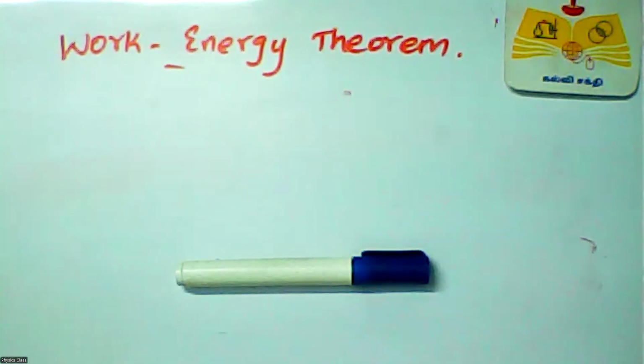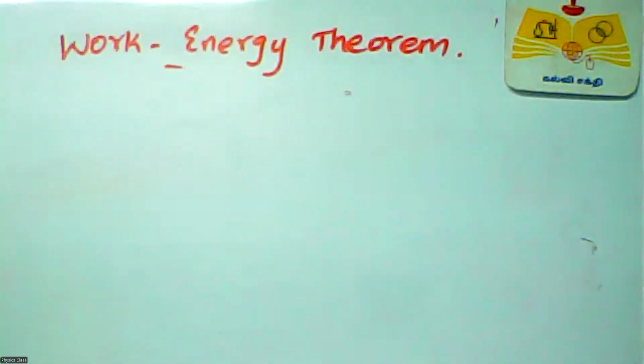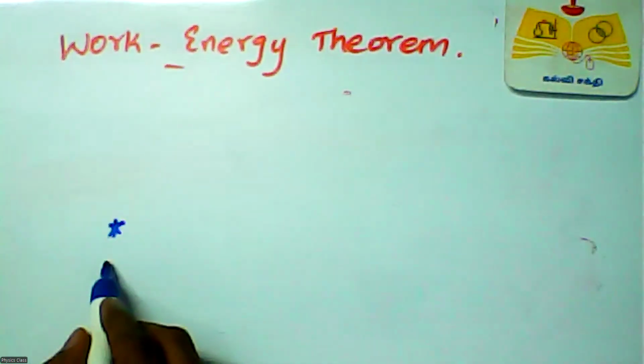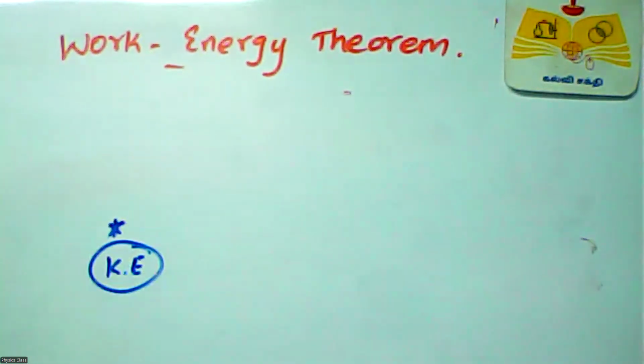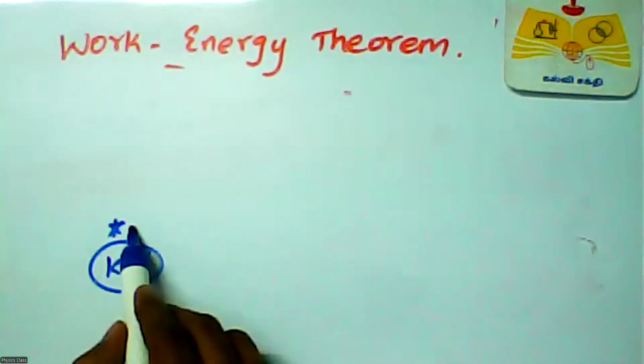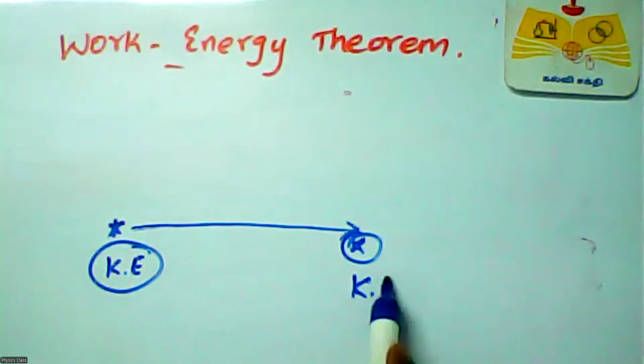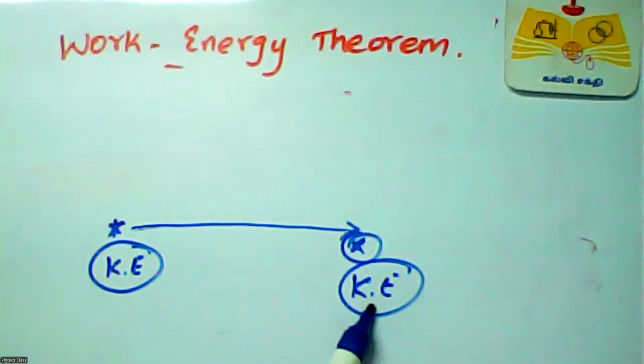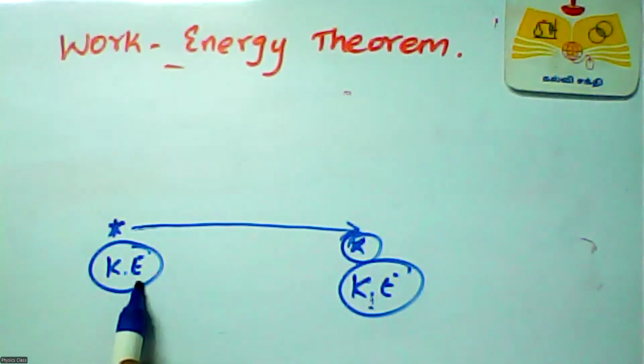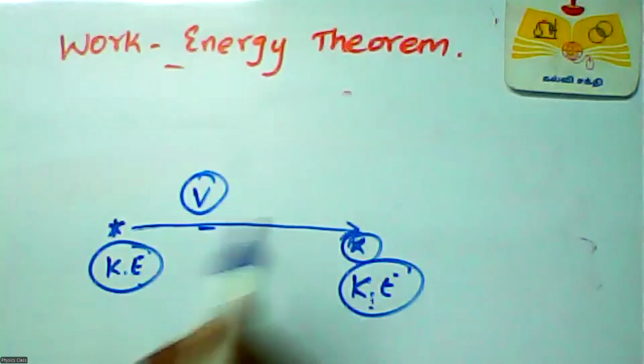Once the object is here, it has one kinetic energy; once it goes from here to here, it has a different kinetic energy from its initial kinetic energy, because velocity increases.